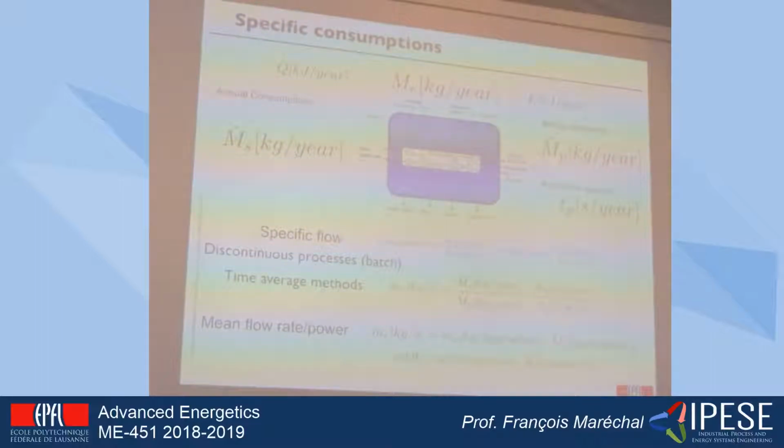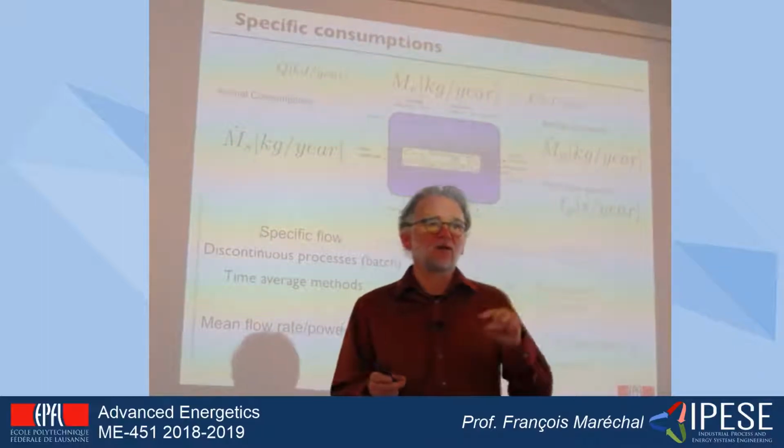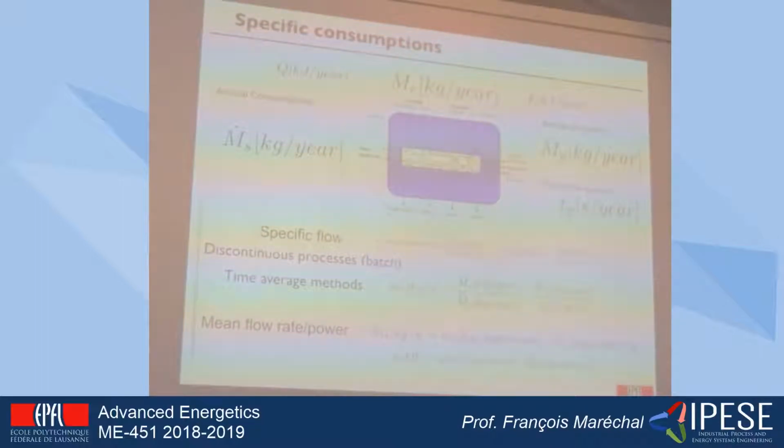So the specific consumptions will be important. When I have the specific consumption, I'm able to calculate the annual energy bill, because I'm multiplying the production that I have done by the specific consumption and the cost of energy to have the final energy bill.